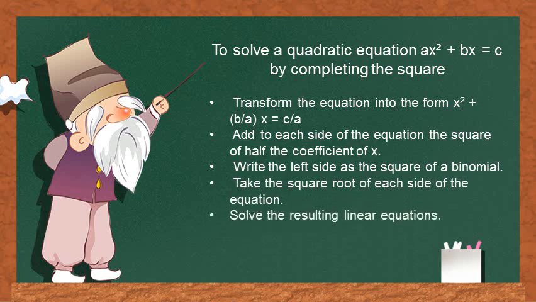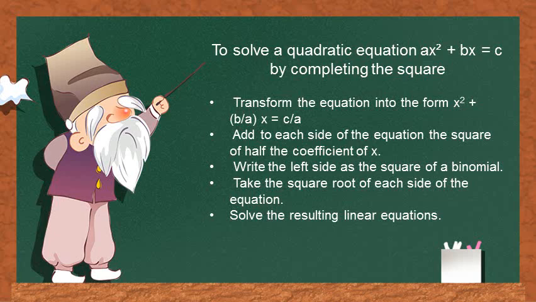Here are the steps in solving a quadratic equation by completing the square. So we have to solve a quadratic equation ax squared plus bx is equal to c by completing the square. We need to transform the equation into the form x squared plus b over a x is equal to c over a.